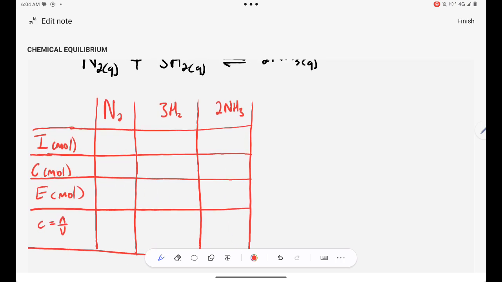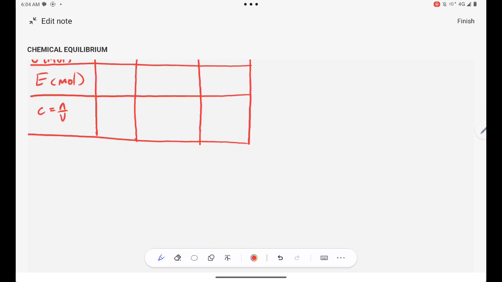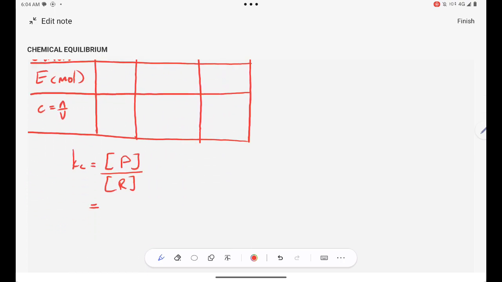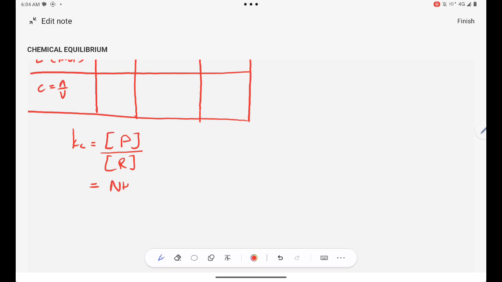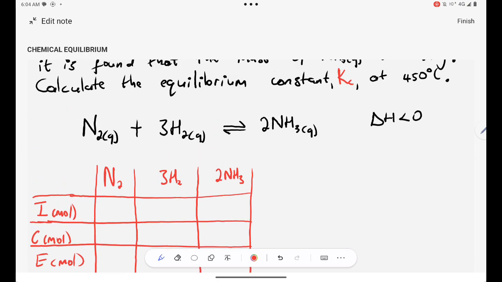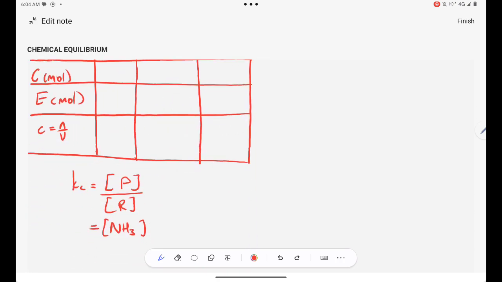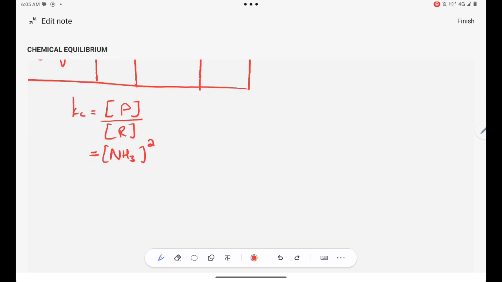Are you together? Remember that, Kc, the equilibrium constant, is just the ratio of the concentration of products to the concentration of reactants raised to their stoichiometric coefficients. For our products, we simply have ammonia, NH3, and the coefficient of ammonia is equal to 2, so the exponent will be 2.